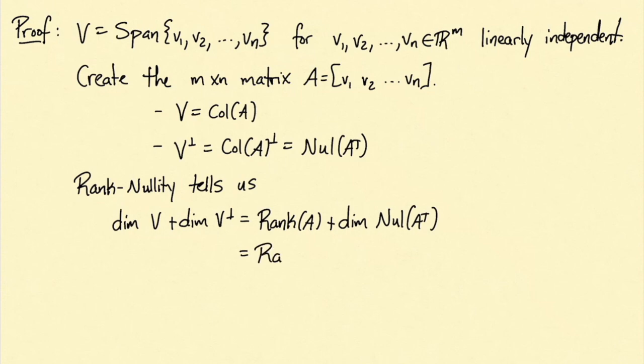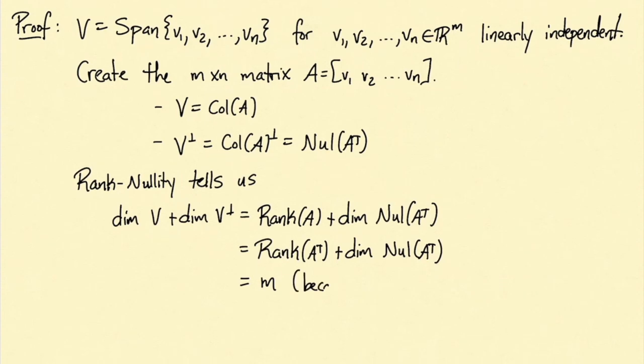We use the fact that the rank of A and the rank of A transpose are the same, and this is where the rank nullity theorem comes in. When we add those two together, we will get m. And this is because A transpose can be thought of as a matrix transformation that goes from R^m to R^n, because it is an n by m matrix.